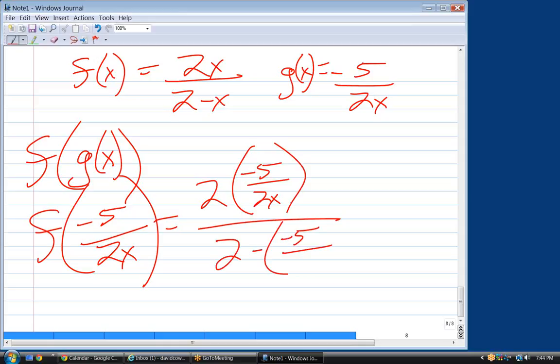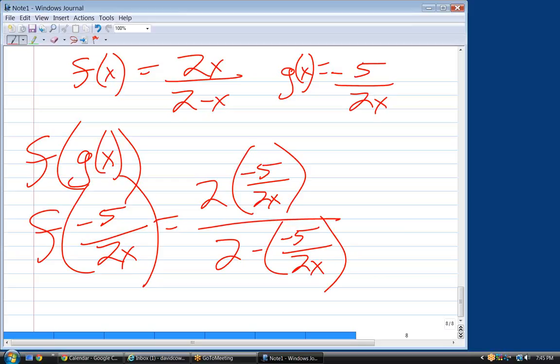So make sure we don't lose a negative sign here. In other words, it's always good to use parentheses when you plug in a complicated expression, even when your original function is not complicated. In other words, we almost made a mistake there by having 2 minus 5 over 2x.